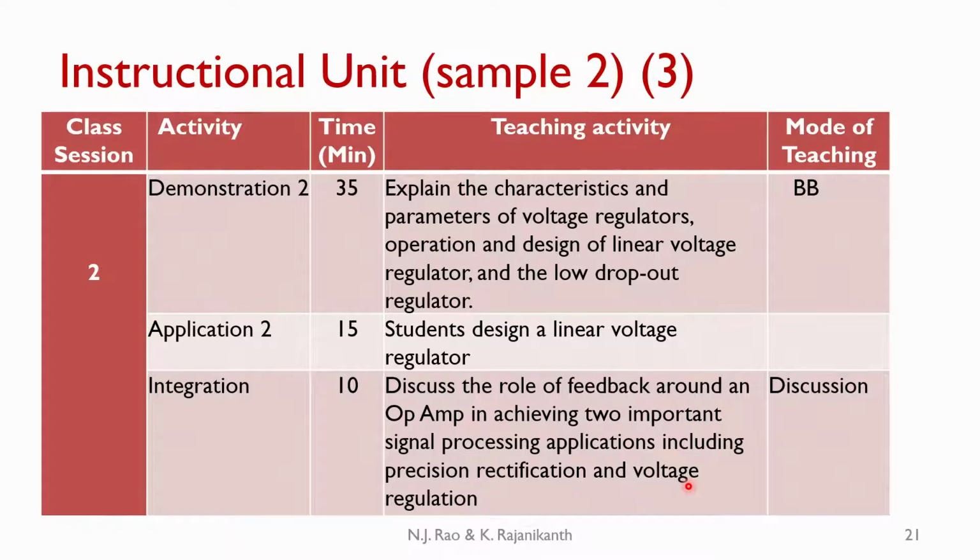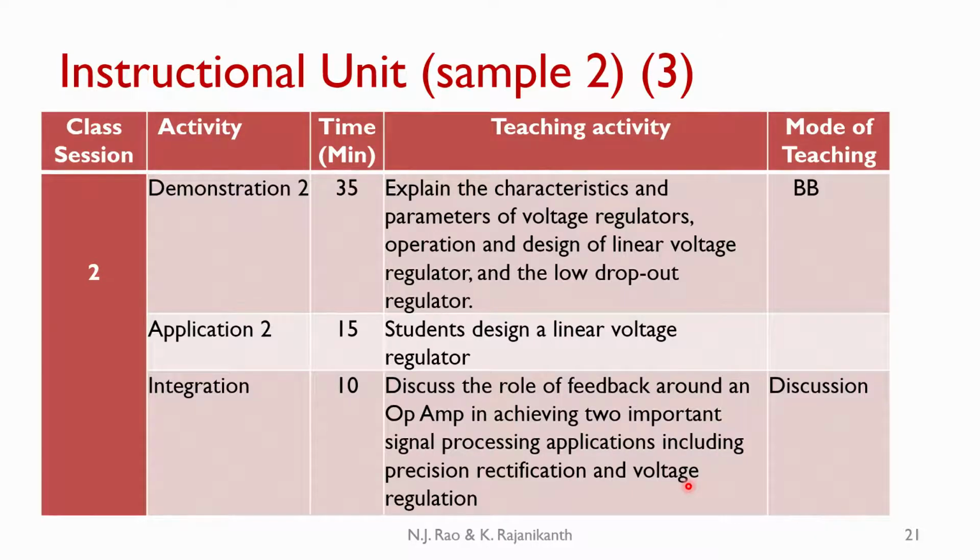What are we doing there? Discuss the role of feedback around an op amp in achieving the 2 important signal processing applications, including precision rectification and voltage regulation. That means there are 2 analog signal processing applications, precision rectification and voltage regulation.